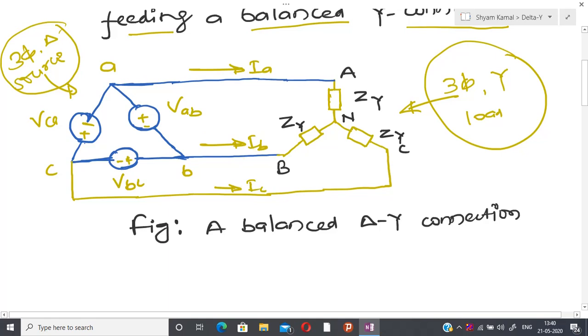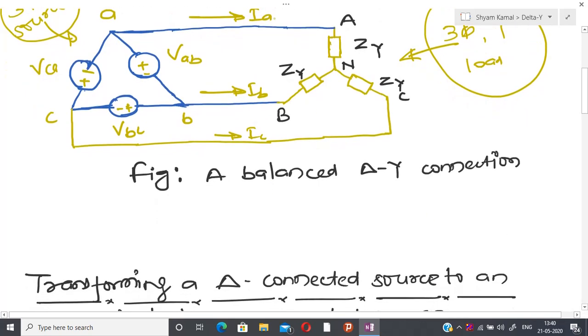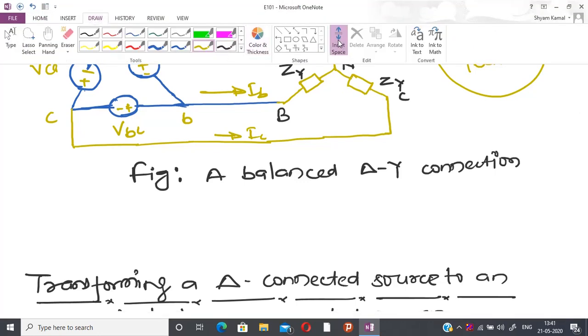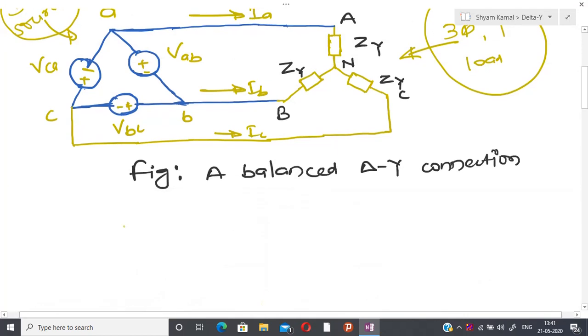Now again, whenever we have to write the mathematical equations, we are assuming some sequence of the rotor with respect to the stator. So again I am assuming the positive sequence, meaning ABC sequence.